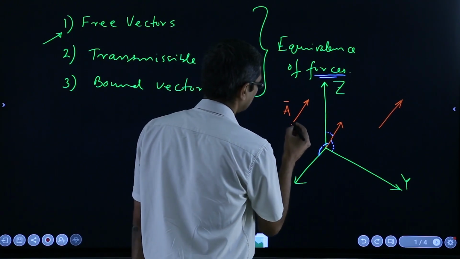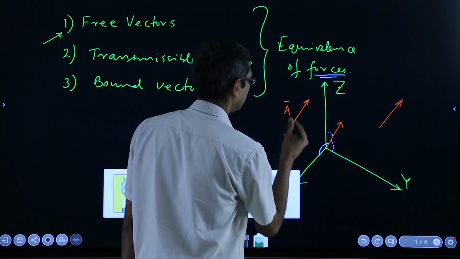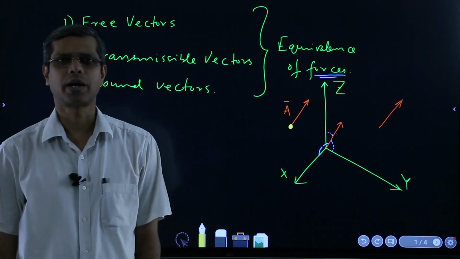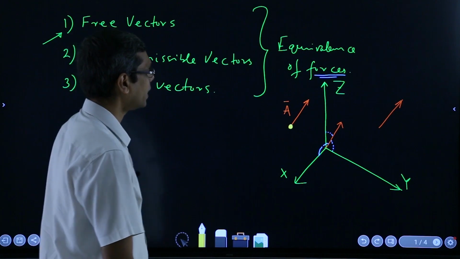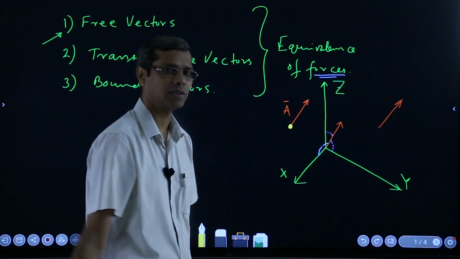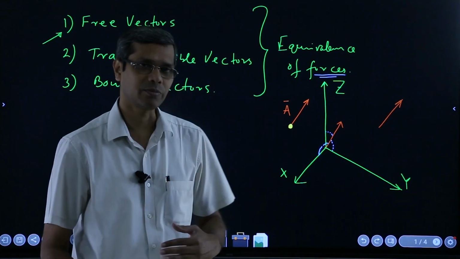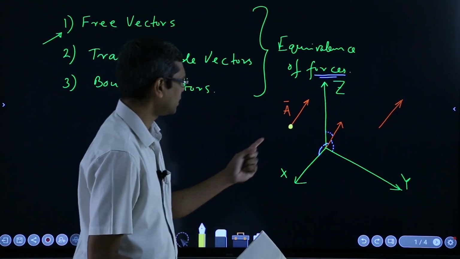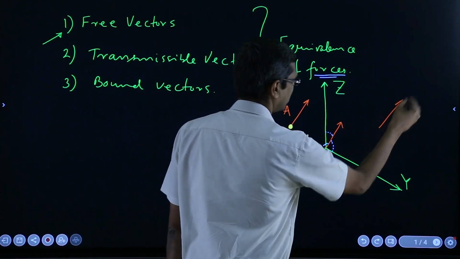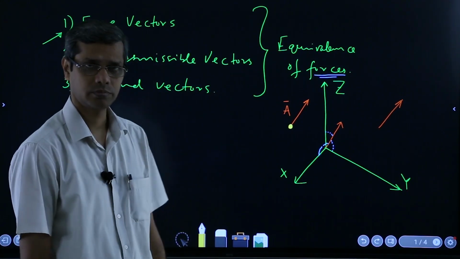For example, suppose this vector represents the velocity of this particle. Now, if I draw this vector or this vector to represent the velocity, and if the effect I am concerned with is the displacement that the particle is making, then will it matter where I am representing this velocity vector?